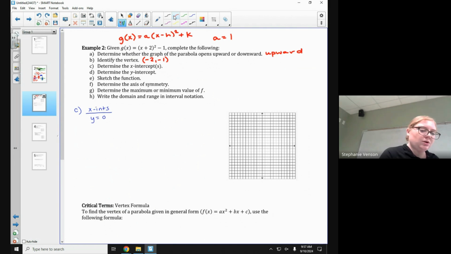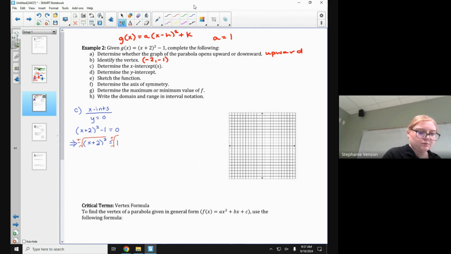So we set the function equal to 0: (x plus 2) squared minus 1 equals 0. Okay, adding the 1 to both sides, we have (x plus 2) squared equals 1. And what am I going to tell you to do to both sides? Yep.